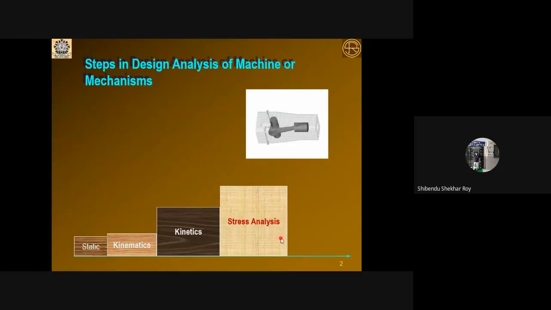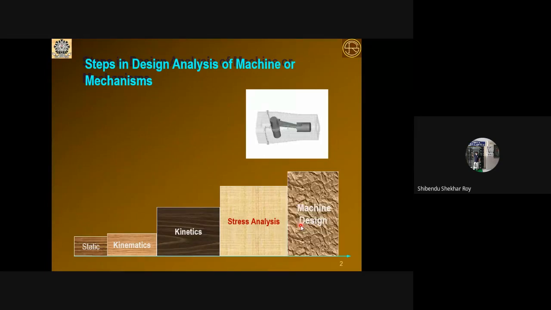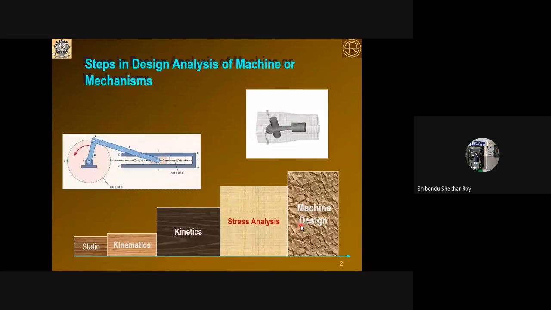The input to strength of materials is basically the output from the kinetics. Output from the kinetics and output from the statics will be the input for your strength of materials class. The ultimate objective will be to synthesize or to design the machine component and ultimately the machine.